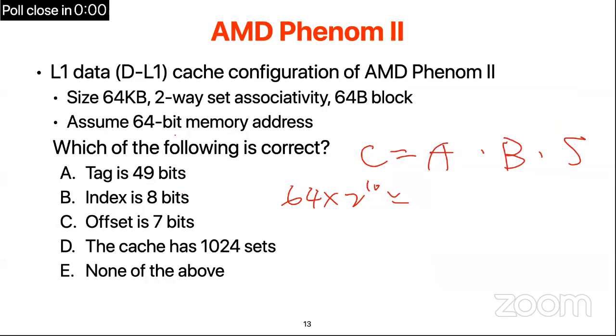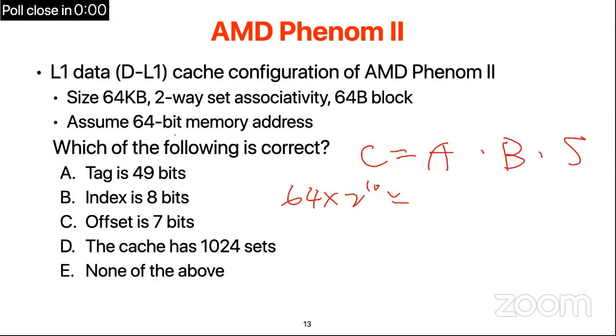Tag? I think it's tag. That's T, right? Two-way set. Look at associative. So what's the A here?